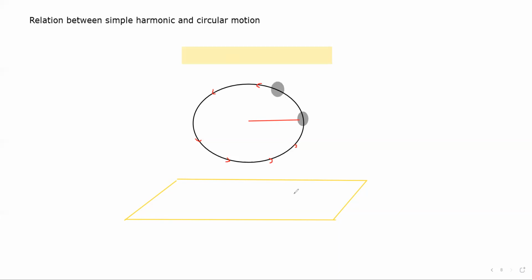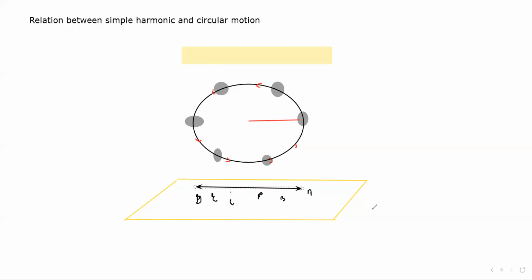So the shadow started at point A, then it will be point B, then point C, then point D, then point E, then point F. So basically the shadow will return and vibrate to and fro from its mean position.